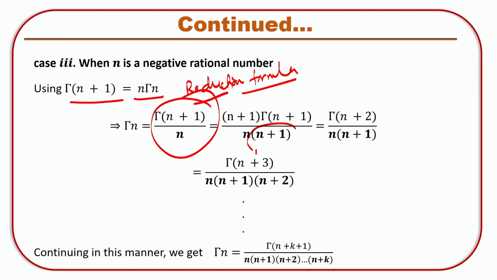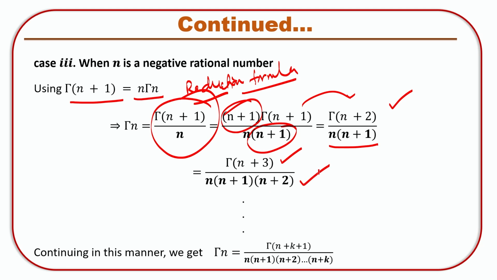So, we multiply and divide by the same number n plus 1. By using the reduction formula, this gives gamma of n plus 2 divided by n into n plus 1. Similarly, this will be gamma of n plus 3 divided by n into n plus 1 into n plus 2.